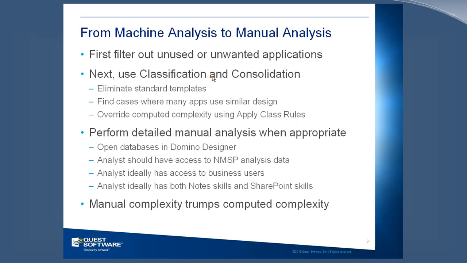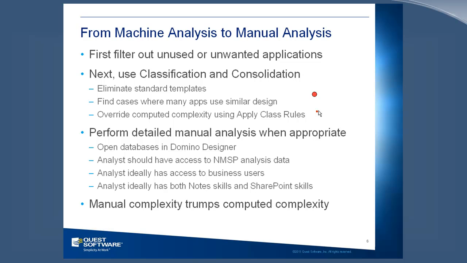The next step would be to use our classification and consolidation systems that I mentioned, including the predefined technical classes that we give you that will recognize the document libraries and so on, and then the classes that you create for your own templates. Whenever possible, do the analysis work on the consolidated applications. So if you have 50 databases all based on the same technical class, do the analysis work once and put your manual classification in the technical class, and then you can assign that down to the individual databases using class rules.